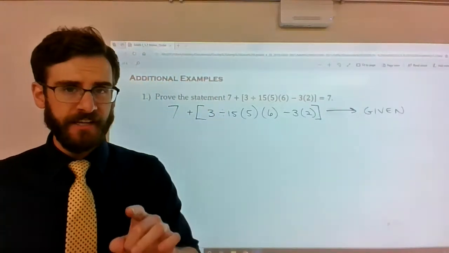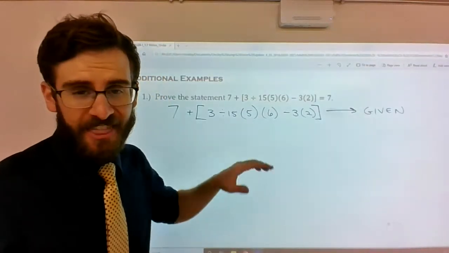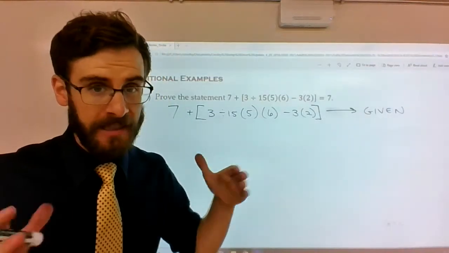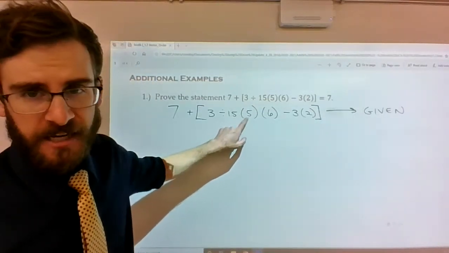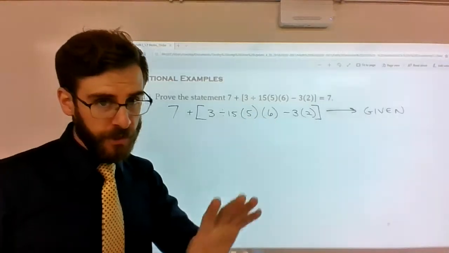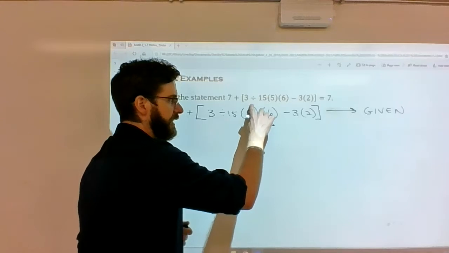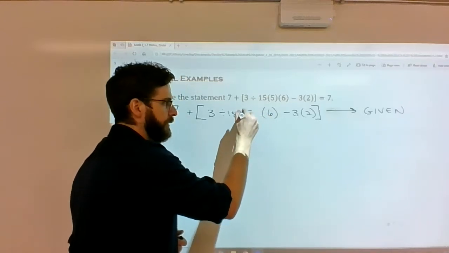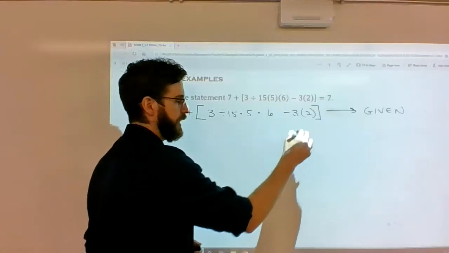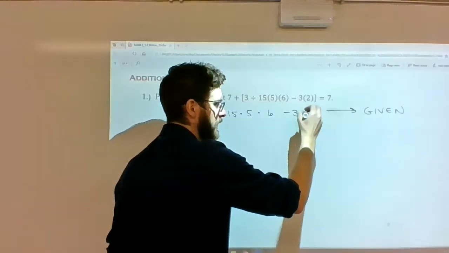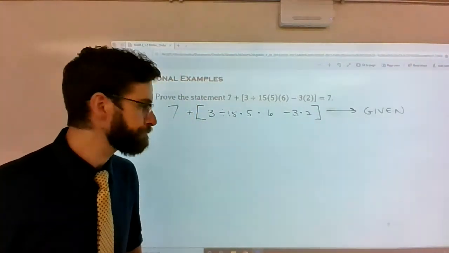And a very good idea, which we talked about when we were doing the geometry stuff, is when you see parentheses that are doing nothing but acting as placeholders for multiplication, like it's just saying take 15 times 5, take 5 times 6, it might be to your benefit to just say, these just mean multiply. I think you'll run into fewer issues along the way.